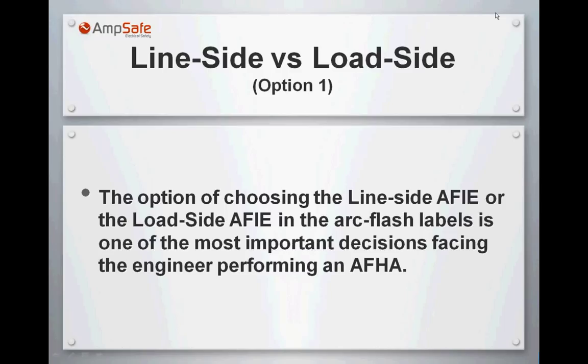The choice of line side or load side ArcFlash incident energy will be reflected in the ArcFlash labels that you print for certain panels. Which panels? Those that have a main overcurrent protection device. So this is probably the most important option that you have to be aware of.